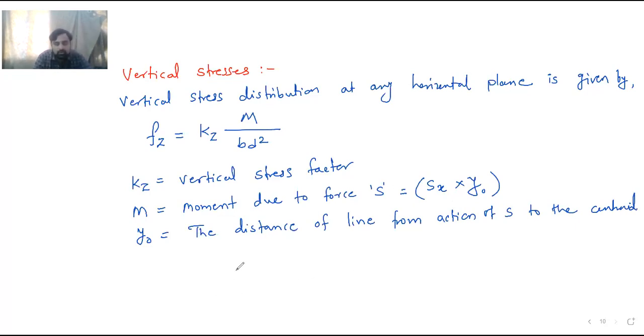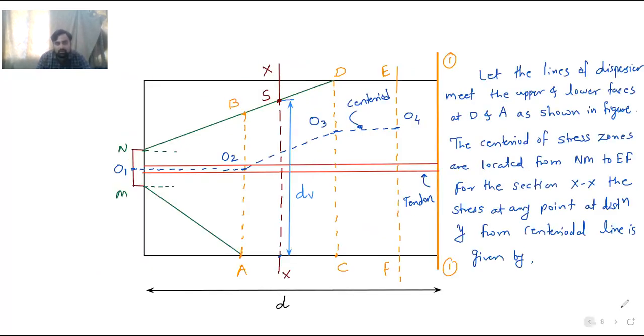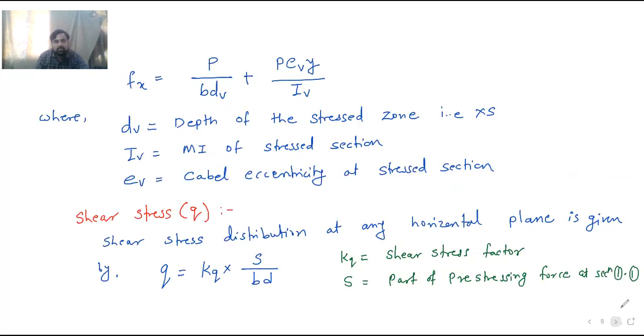So here what is happening, we have seen the formulas for all the three things. First is the horizontal stress. This is the formula for horizontal stress: P upon BdV plus PEVy upon IV. Then we have seen the formula for shear stress, Q is equal to KQ into S upon BD.